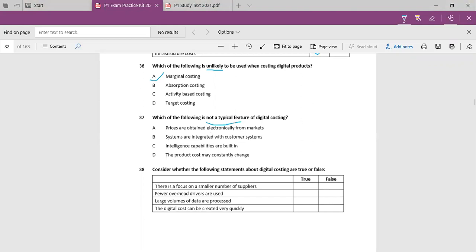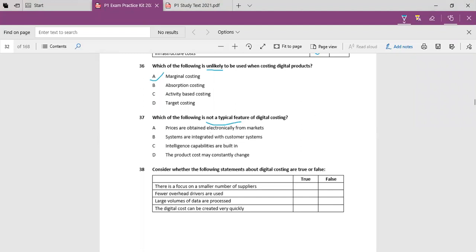Ma'am, D. But it says not a typical feature of digital costing. Digital costing allows for better cost control, ma'am. So if cost control is good, that means it should not constantly change.